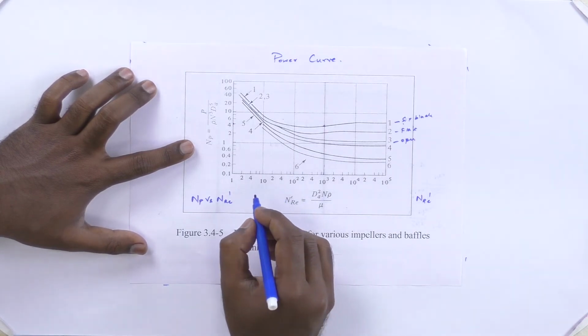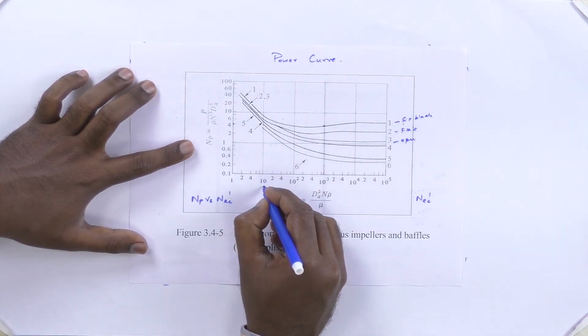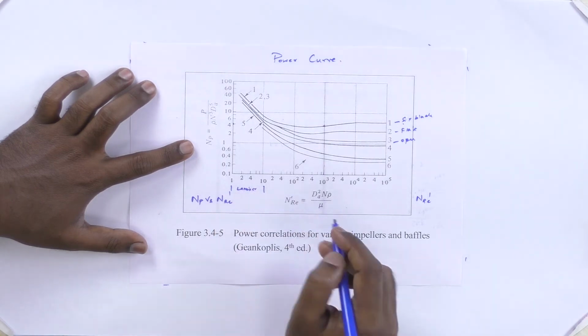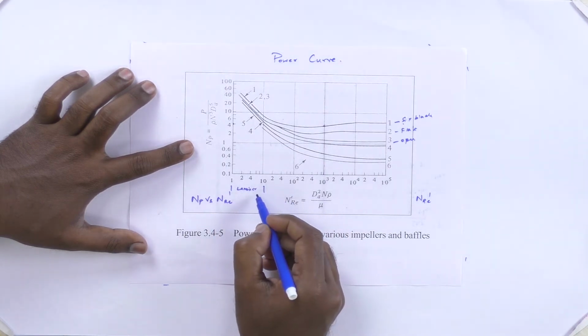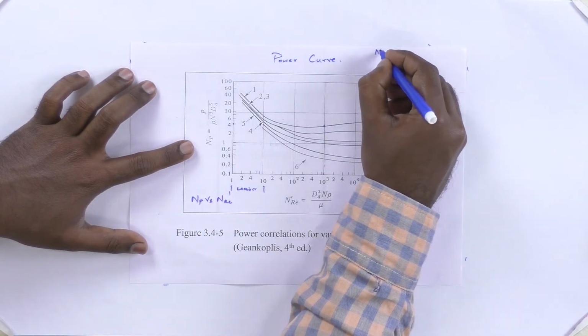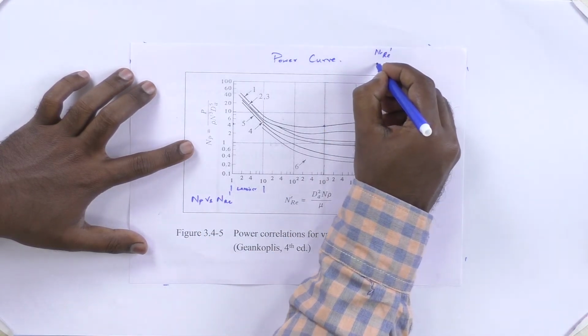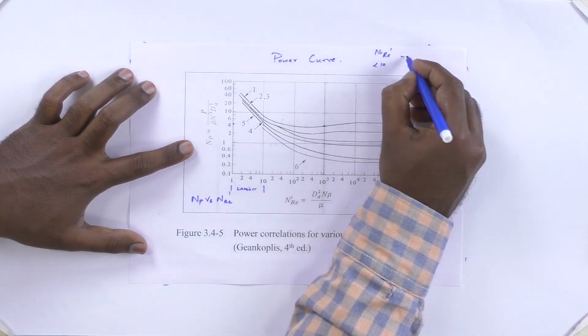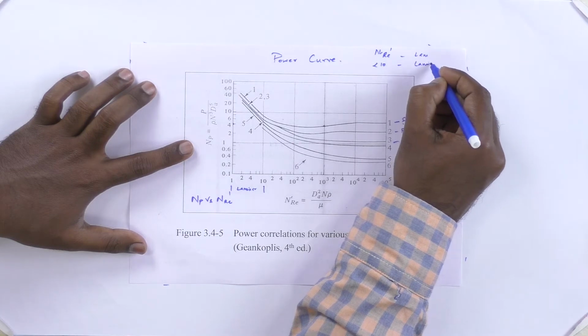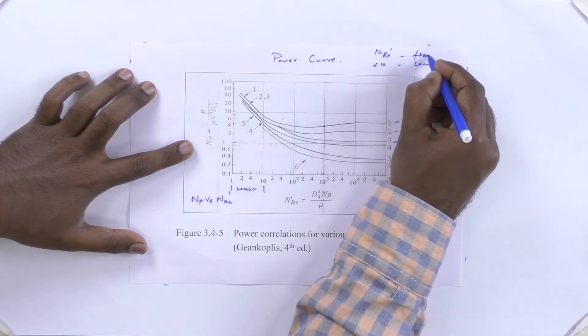If you see here, up to 10, this is laminar. In case of the mixing Reynolds number, if NRe is less than 10, it is laminar.